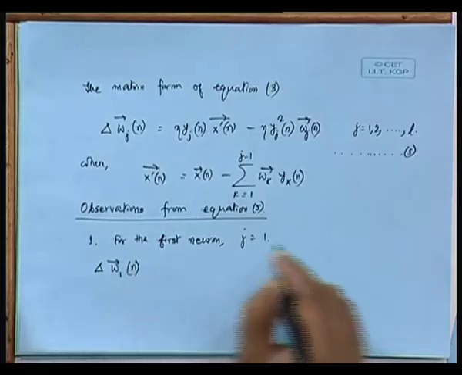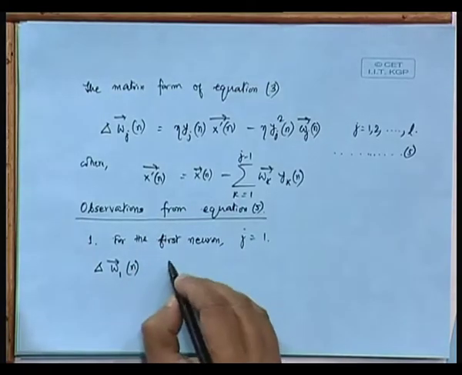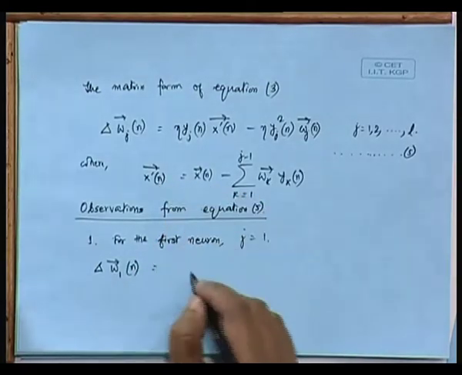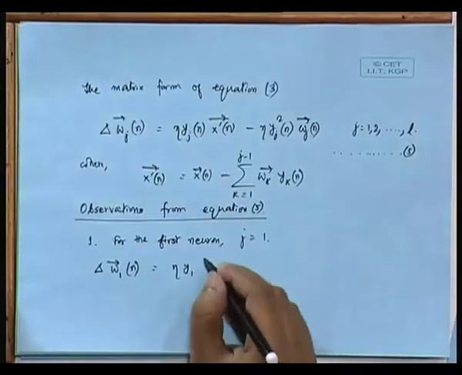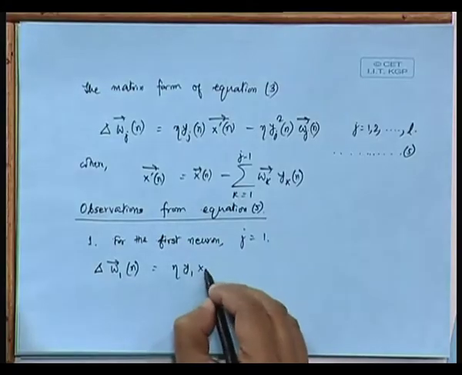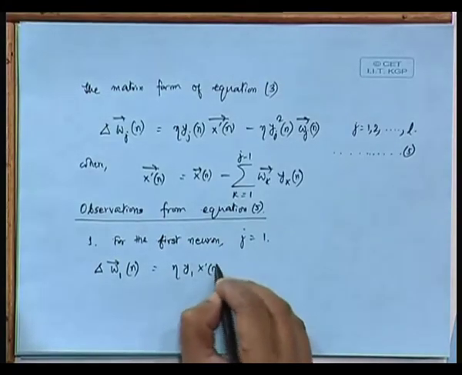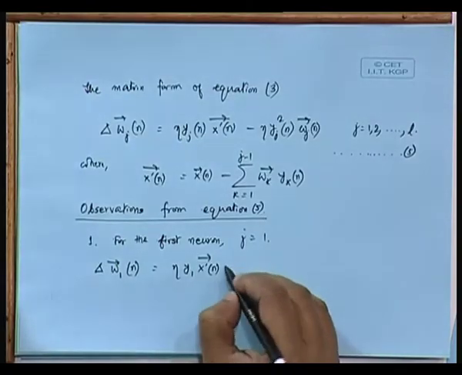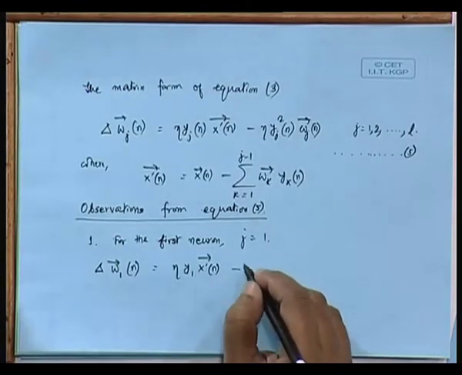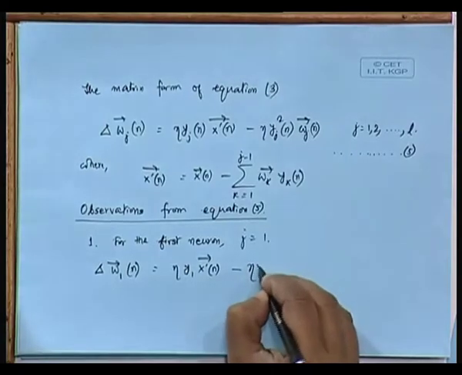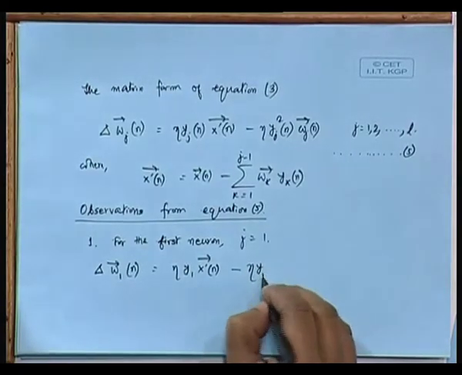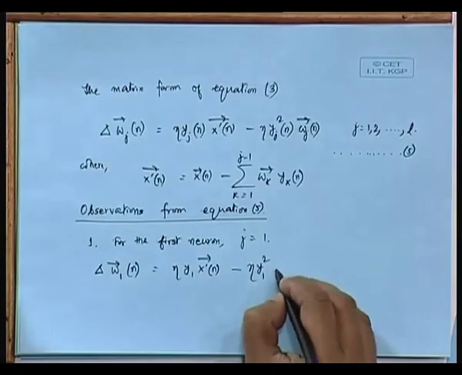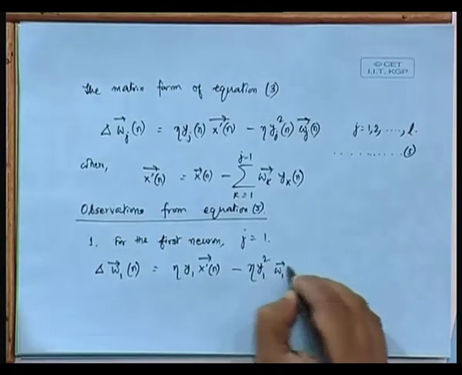Now, delta W1 n will be equal to, let us write down this thing first, eta y1 x prime n, and then minus eta y1 square W1 n.